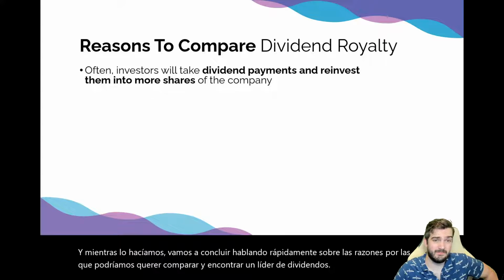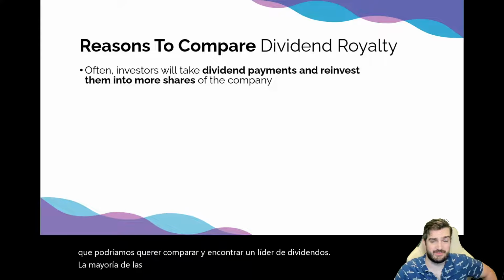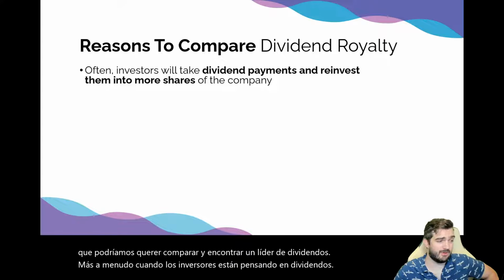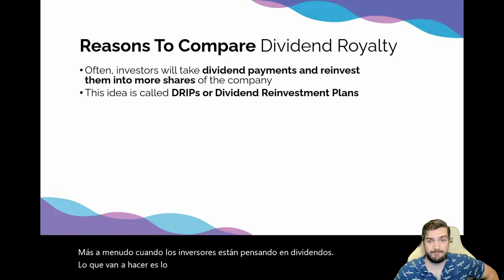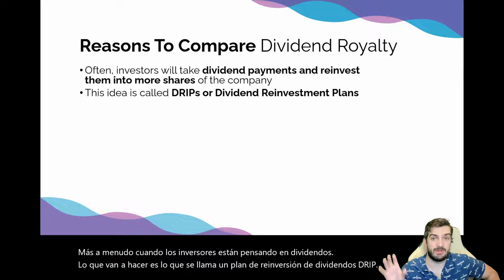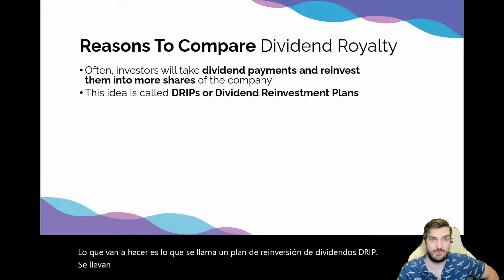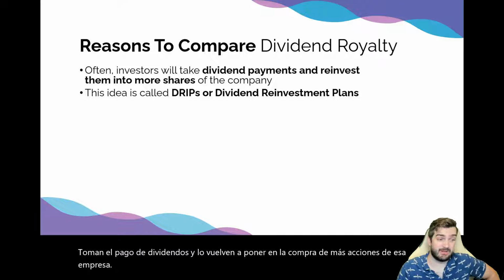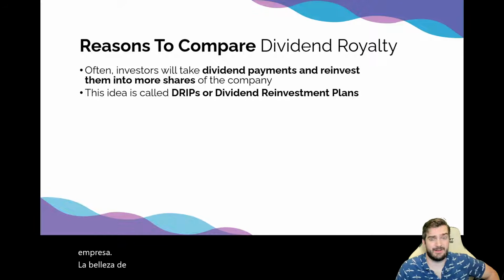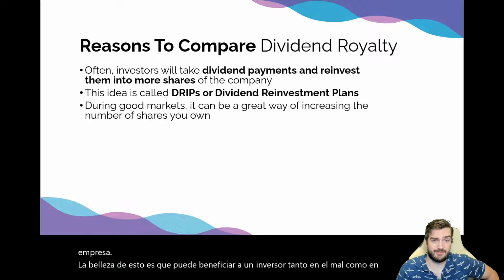Most often, when investors are thinking about dividends, what they're going to do is what's called a DRIP, dividend reinvestment plan. They take the dividend payment and put it back into buying more shares of that company. The beauty of this is that it can benefit an investor in both bad markets and good markets.